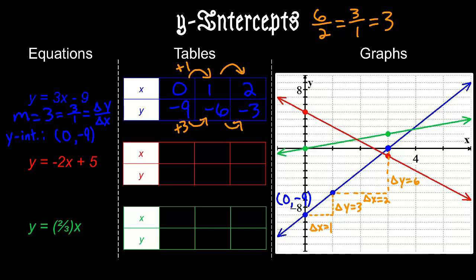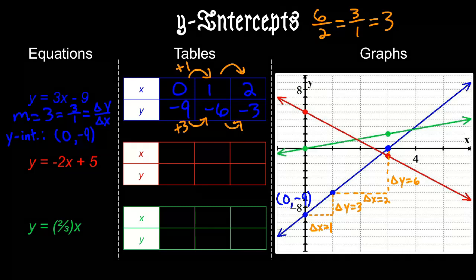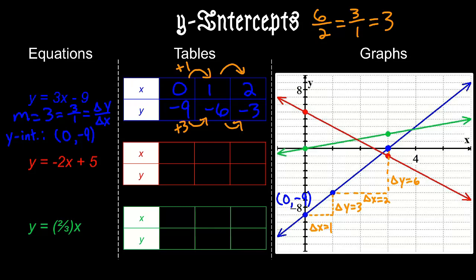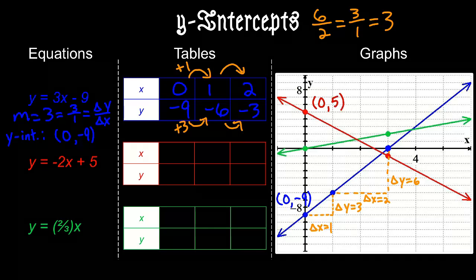All right, now I'm going to start with the graph. And on this one, I'm going to notice that my y-intercept here is the point (0, 5). So my y-intercept right here is (0, 5).